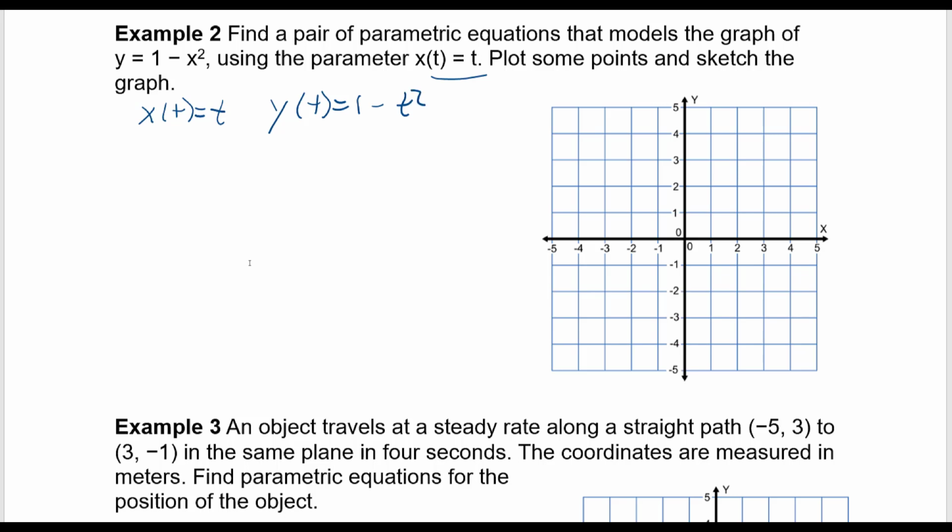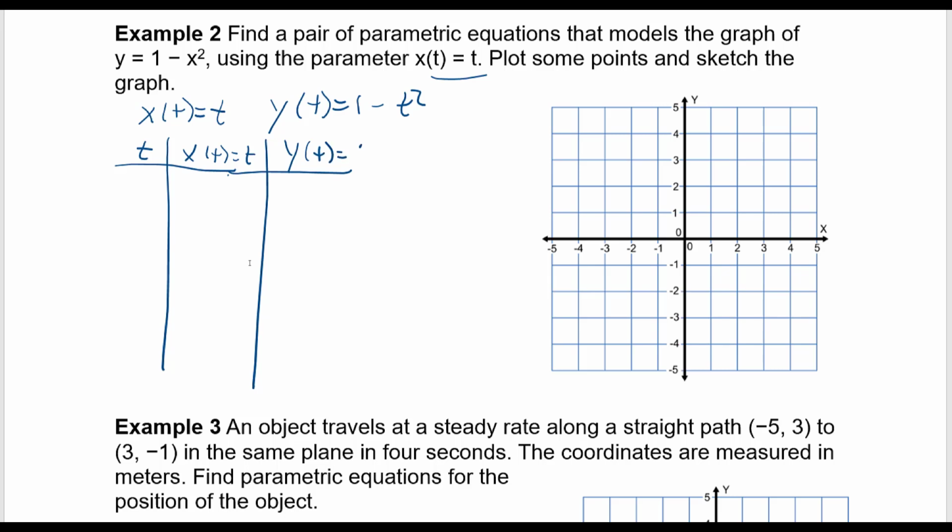Okay, so if I were to look at a chart for this, I think I'm still limited to the same values of t. x of t is t, and y of t is 1 minus t squared. So we'll go with -2, -1, 0, 1, and 2.